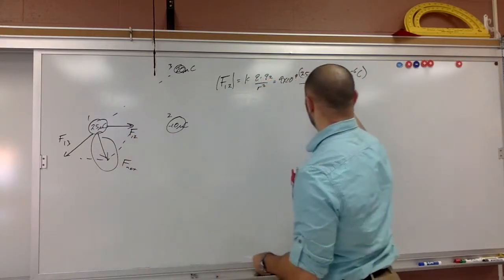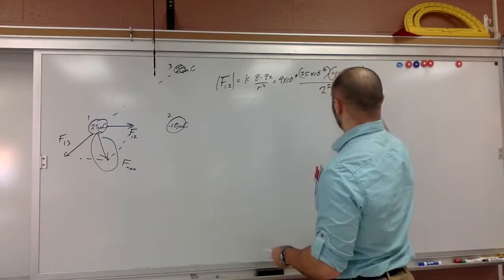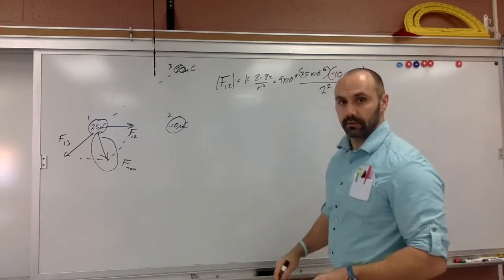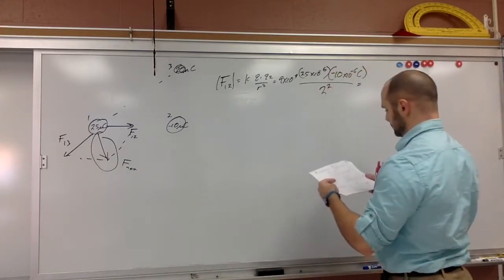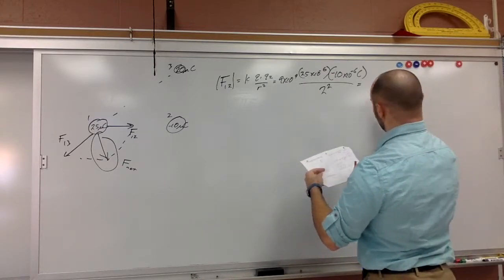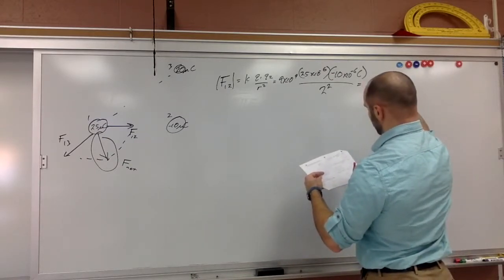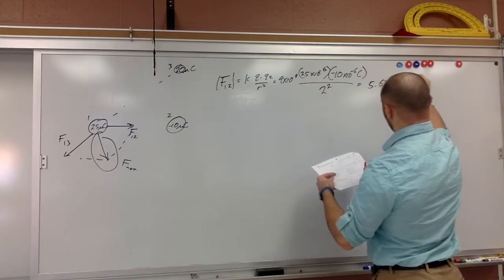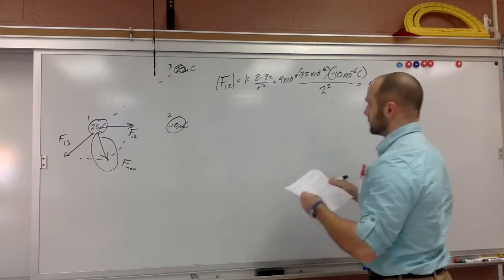We're separated by that, so 2 squared. And I end up with 5.625 times 10 to the negative 1 newtons.